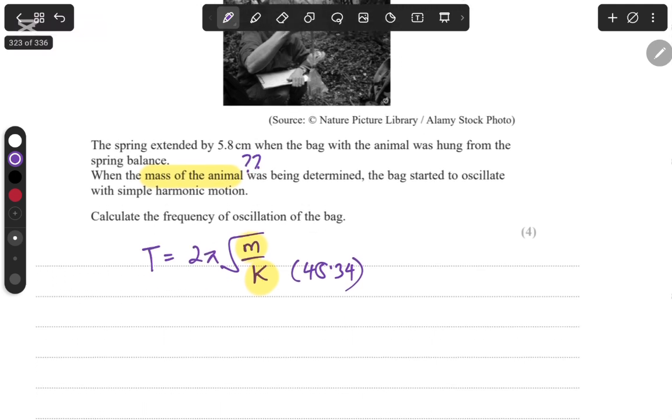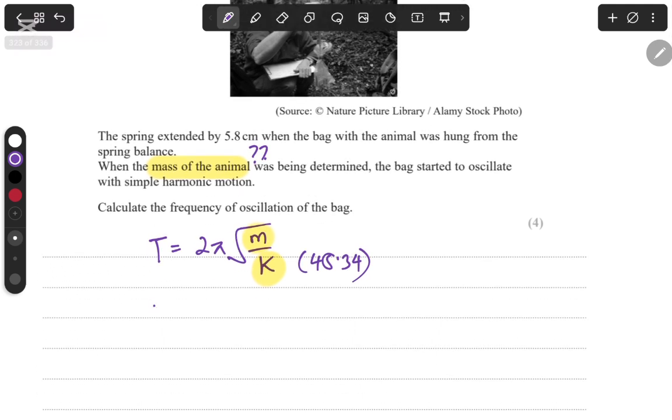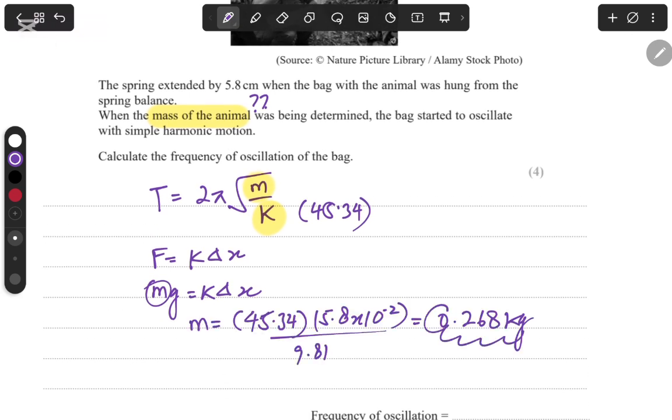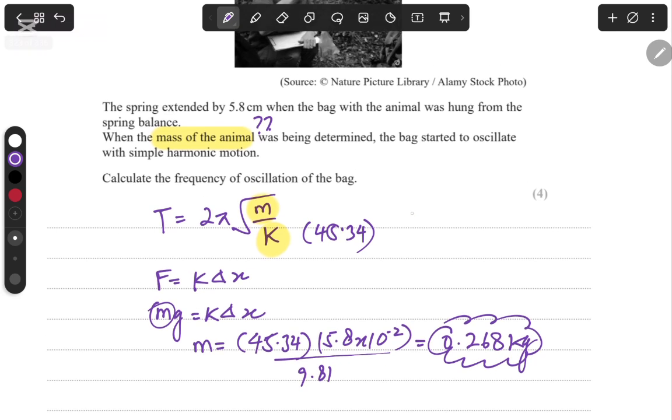So what we can do here is again use Hooke's law. We can say F equals k change in x, and then mg equals k change in x, and we need to find the value of m. So the value of the mass is going to be 0.268 kg. And now we can plug it into the original formula.